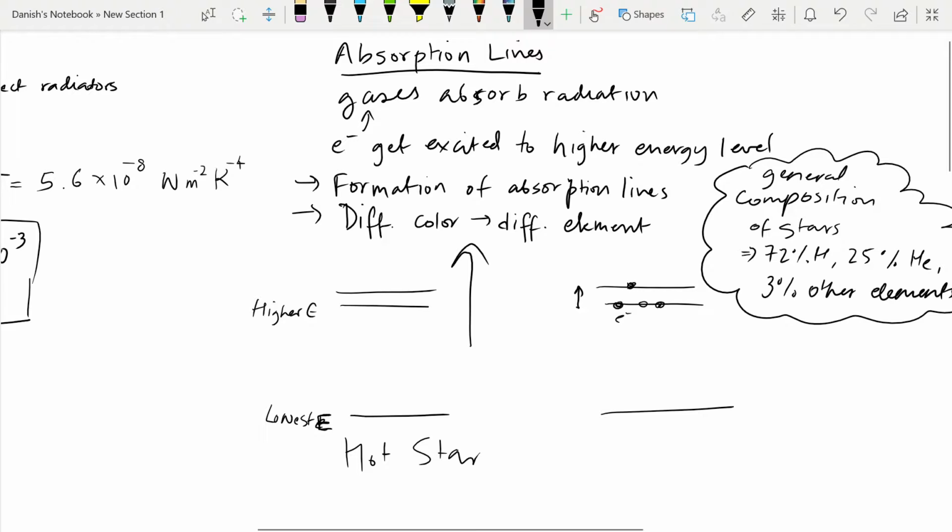And that's not a very large energy gain. Since it's a low energy gain, we would see a redder spectral line, essentially. And if we see a redder spectral line, then we know that the star is colder, but not very cold.